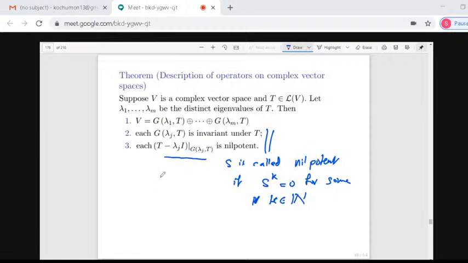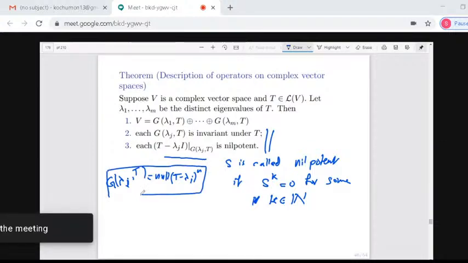Why? Because G lambda j is nothing but the null space. Again, look at the definition of G lambda j T. This is directly from the definition: it is equal to the null space of T minus lambda j to the power n. And hence T minus lambda j to the power n on this space is actually 0, because it is a null space.